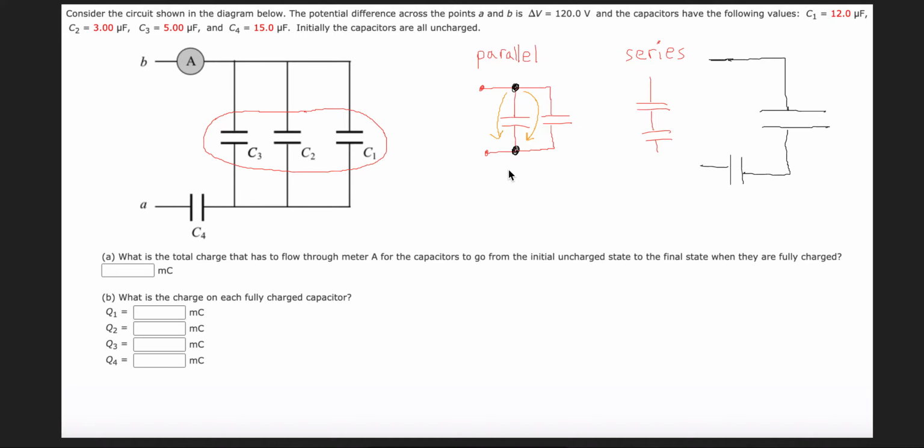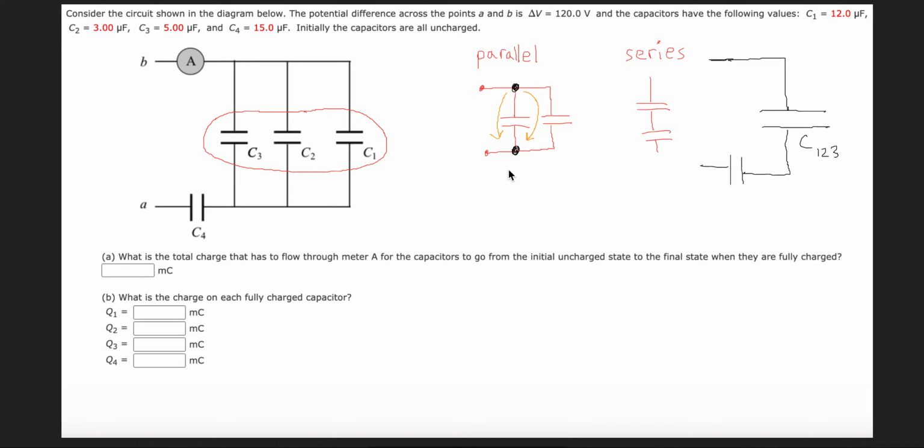So this is simplified. Now, what we can do is call this new capacitor C123. It's a combination of all of those, C1 and C2 and C3. And this one stays C4. It's not a real capacitor. It's just an imaginary helper for us to solve the circuit.